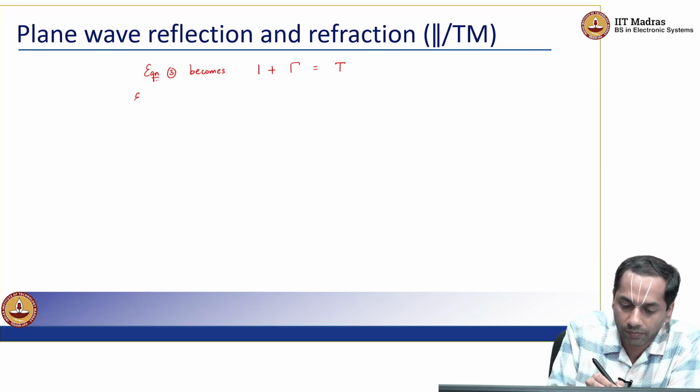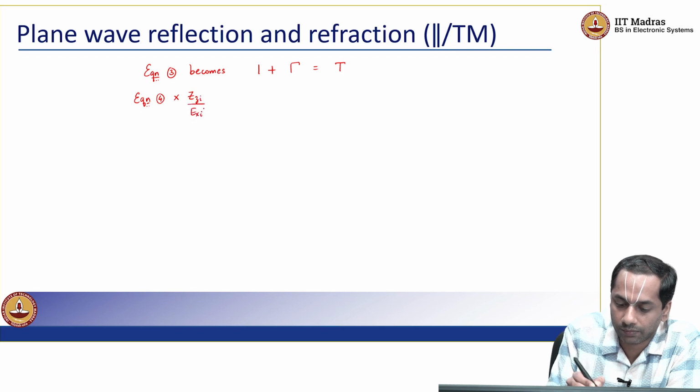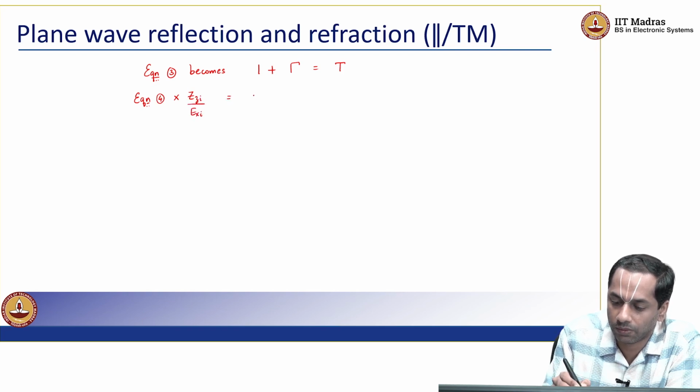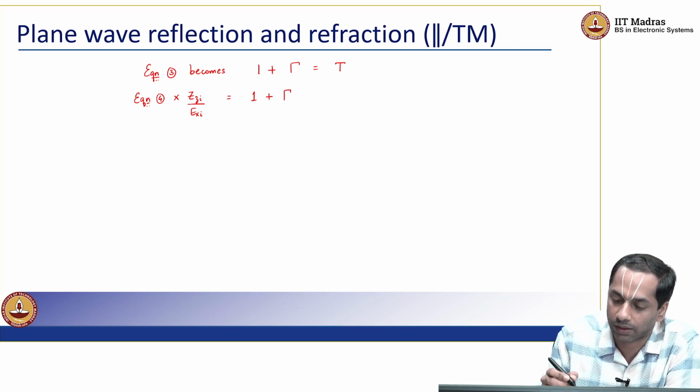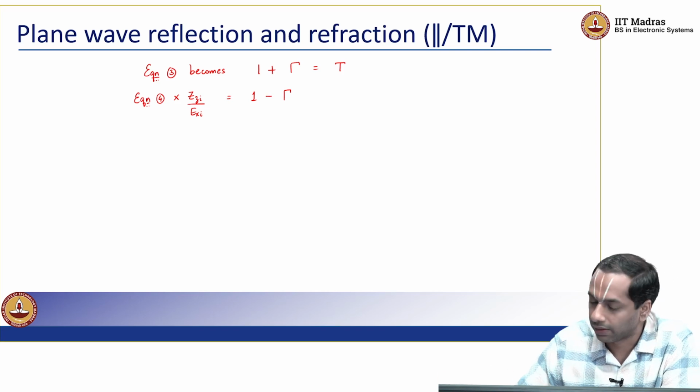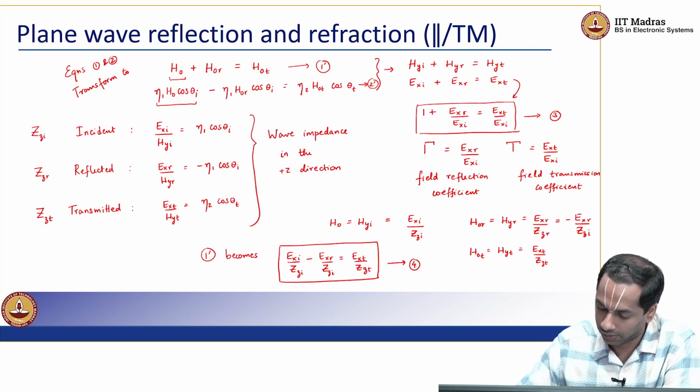So equation 4 multiplied by Zzi by Exi gives you 1 plus gamma, because Zzi cancels off there. Actually it is a minus sign, we had a minus in the equation.